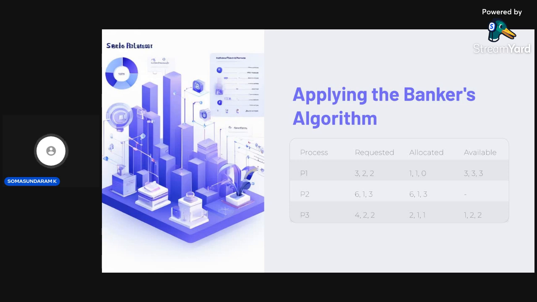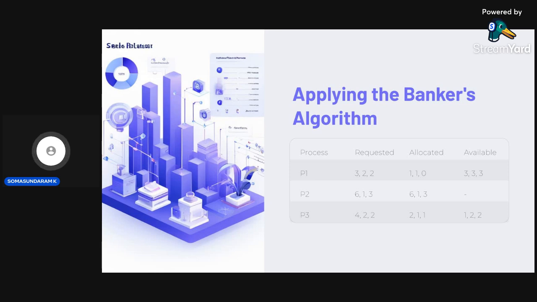The requests are 322 for P1, 613 for P2, and 422 for P3. Allocated are 110, 613, 211. Available resources are 333, 122. Now apply the safety algorithm and resource request algorithm.